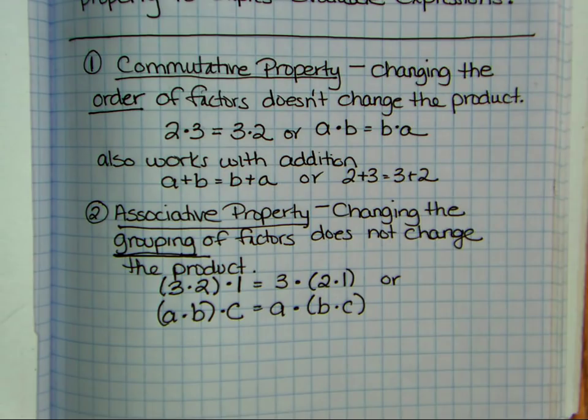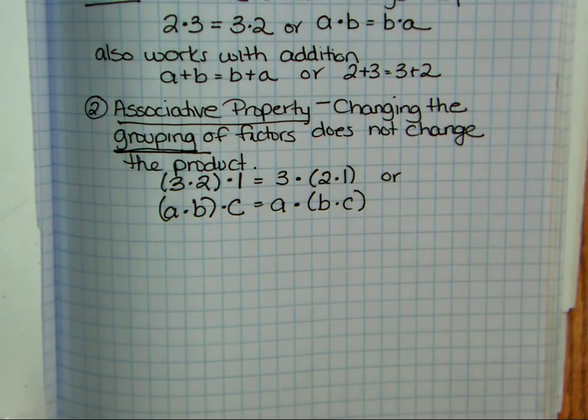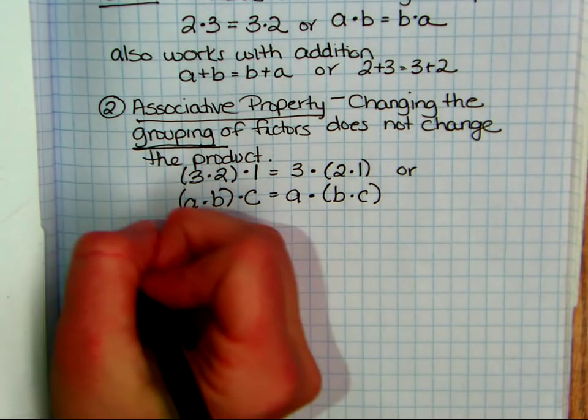Which brings us to the final property that we're going to discuss, and it's the one that we discussed in our last set of notes. It's going to be kind of a review. And that is the distributive property.